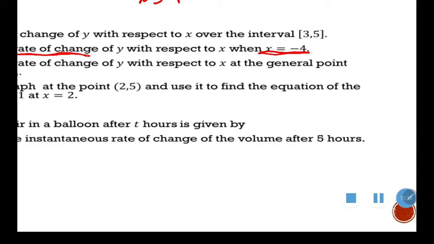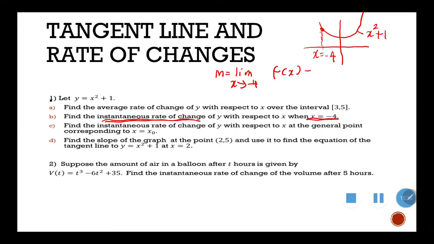So f(a) is f(-4), over x minus -4. We do it on the side here. What is f(-4)? Remember, f(x) is x squared plus 1. So in this case it should be (-4) squared plus 1, and you will get 17.